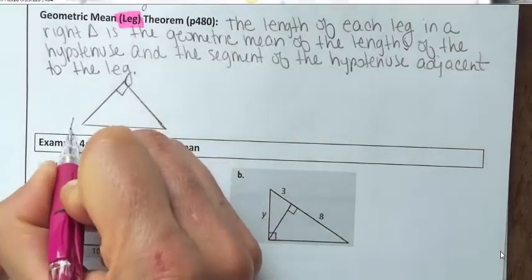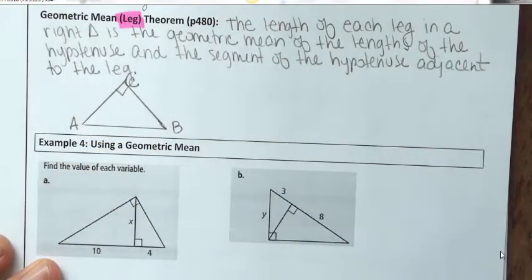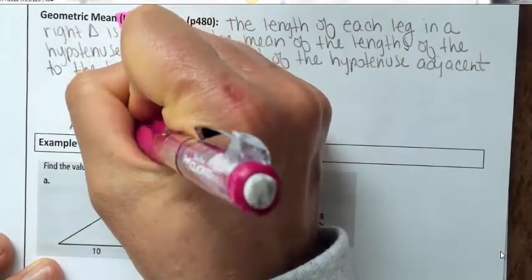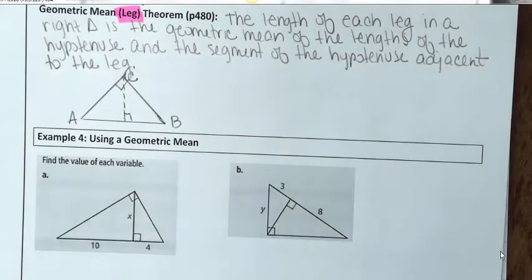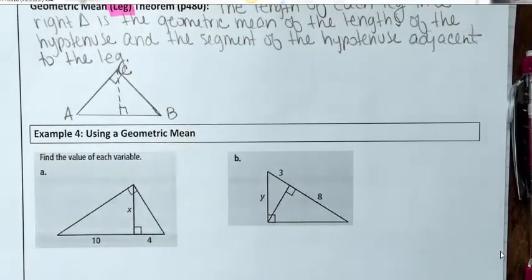Okay, I'm going to label this A, B, and C. I'm going to draw my altitude again, which is going to form a right angle here. Okay, so we have two pieces here. Let's see, I think I'm going to use two different colors.